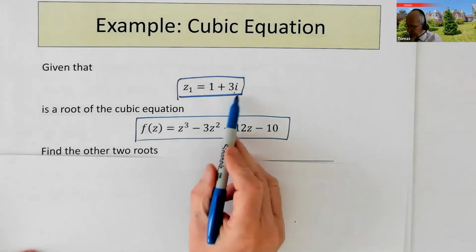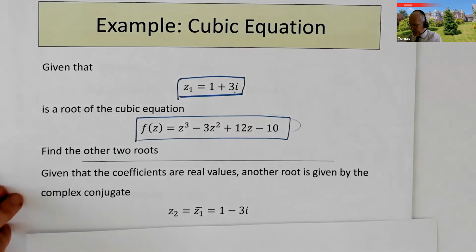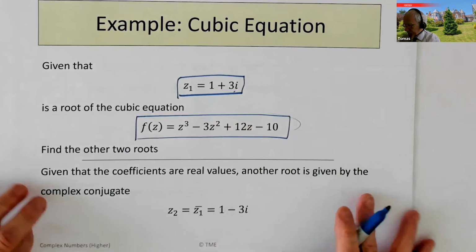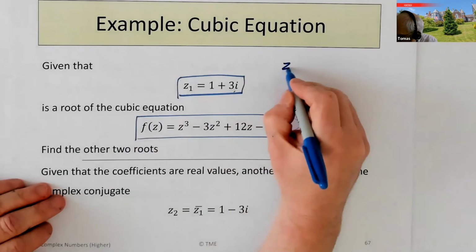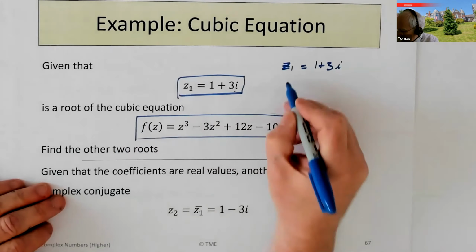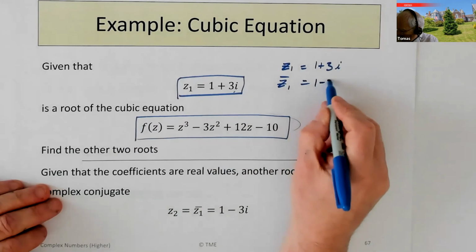So let's look at it from a complex number point of view. Given that that is a root of a cubic, find the other two roots. Well, there are a few ways of doing this. If z1 equals 1 plus 3i, there must be another root, which is z1 bar, which is 1 minus 3i.